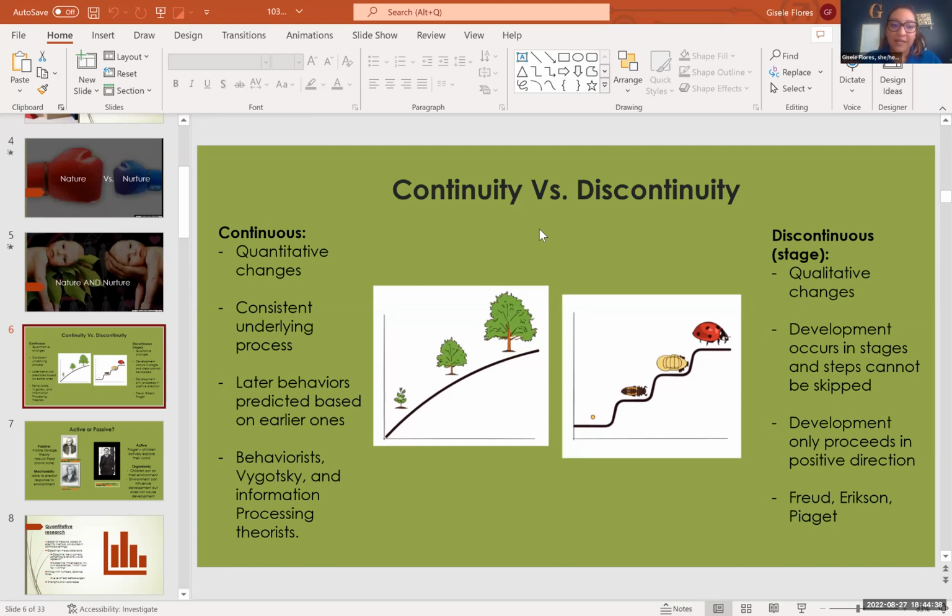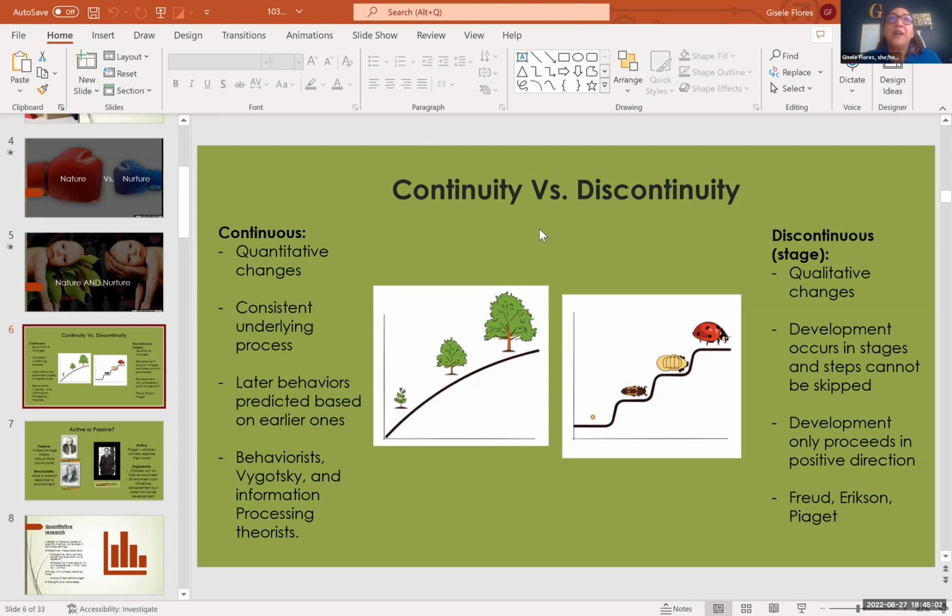So quantitative changes. And we also know that the theorists who consider themselves continuous theorists, they believe that later behaviors are predicted based on earlier behaviors. So we can see where a child is going to end up based on what they're able to do right at this moment.